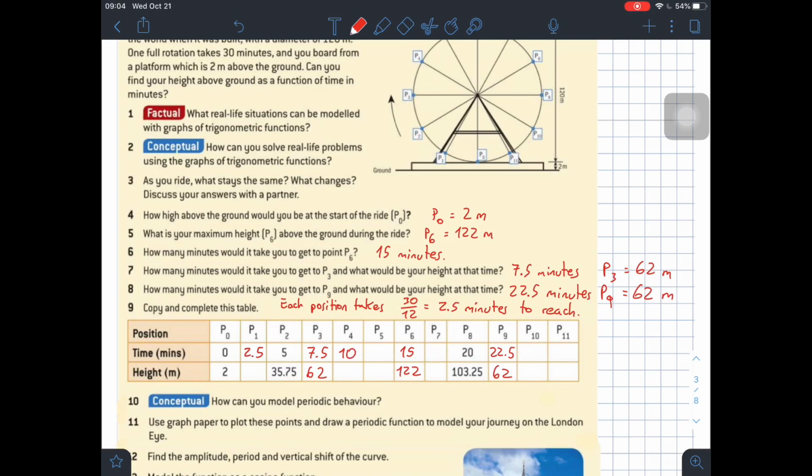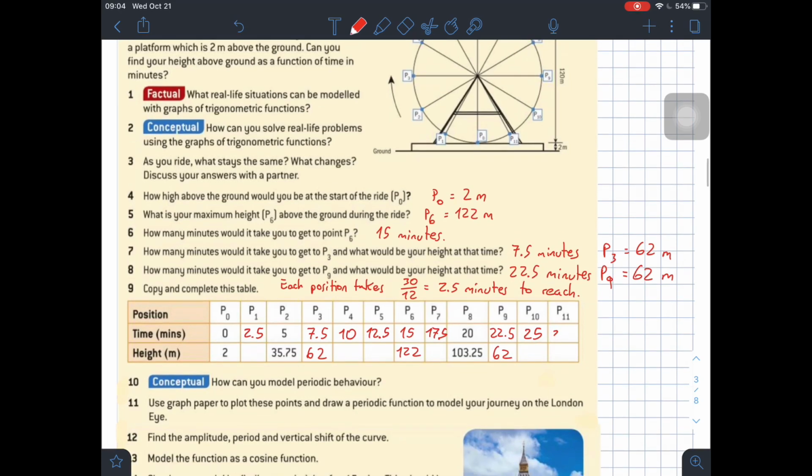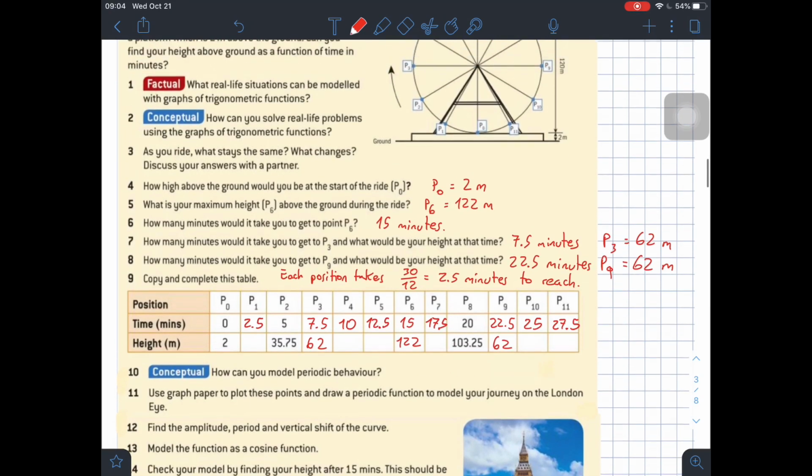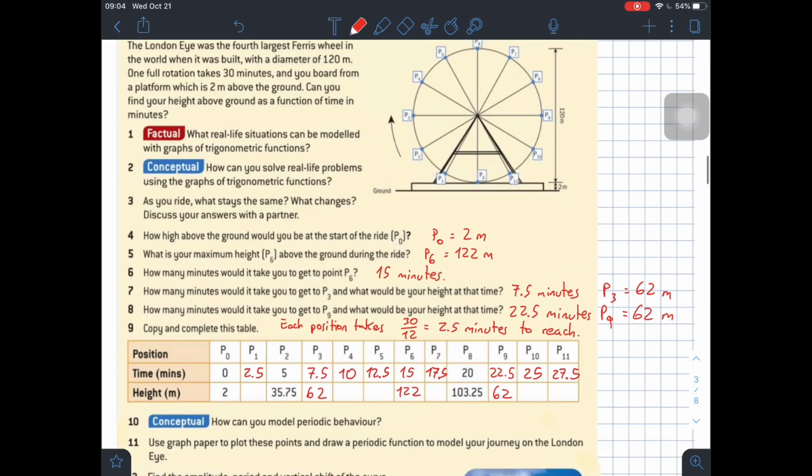Then 10, 12.5, 15, then 17.5, then plus 2.5 is 20, then 22.5, then 25, and finally, for P11, we're going to have 27.5. And if we move one more, we're going to get back to P0, and that will be at 30 minutes, right? Okay, so the problem then is to find these heights.